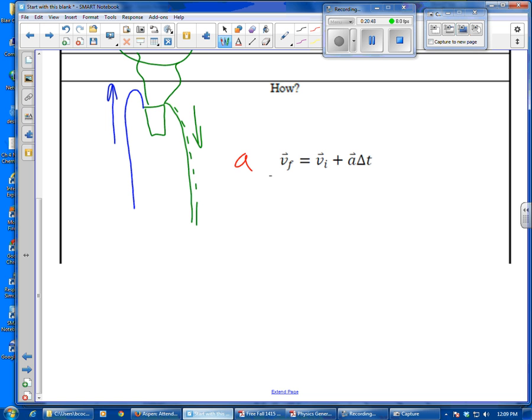So this is A. So I want to know how fast I end up going. I start, which way do you guys want to call positive, up or down? Up, okay. So I start at negative 2.16 meters per second. I'm accelerating at negative 9.80 meters per second squared, and I do that for 3 seconds.